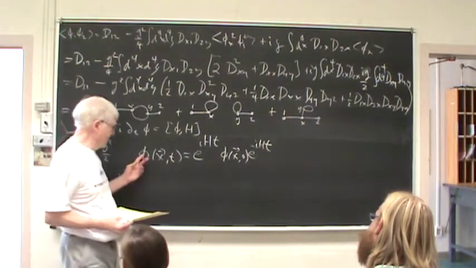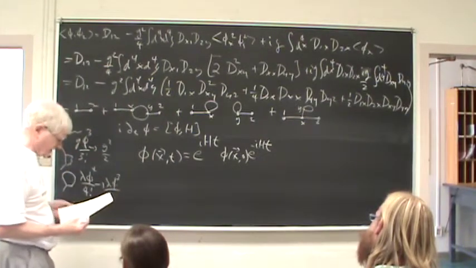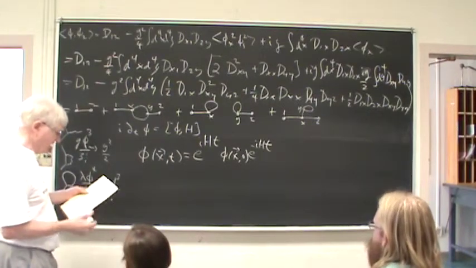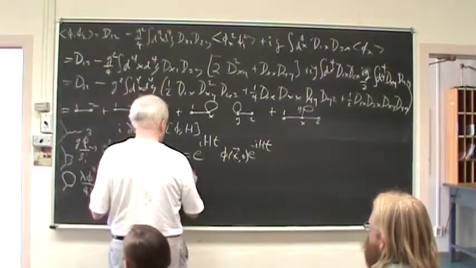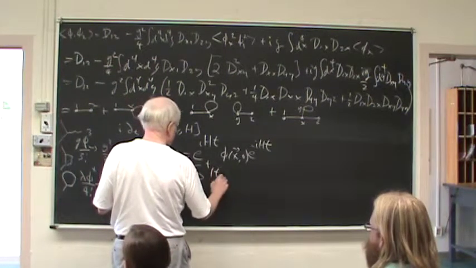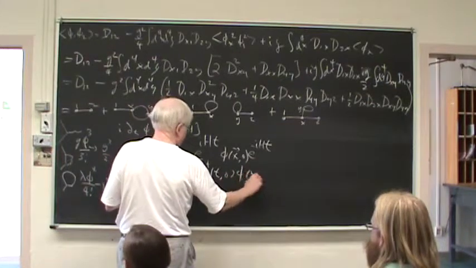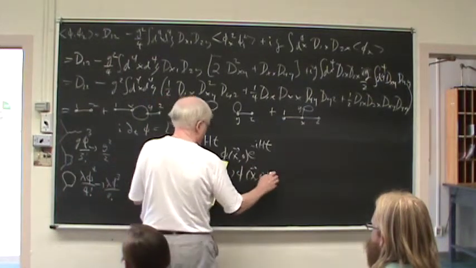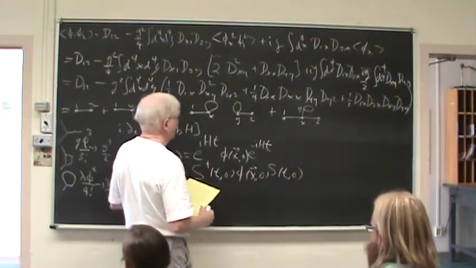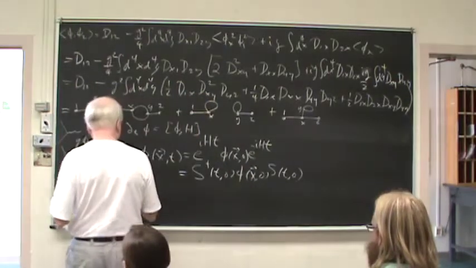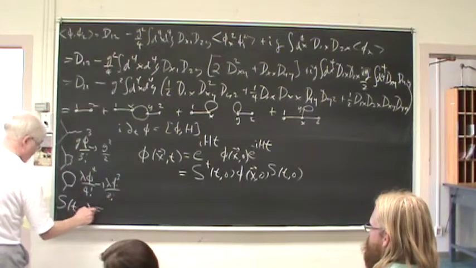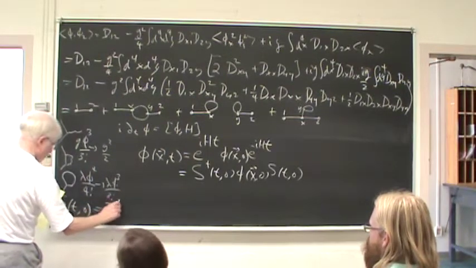Here we're talking about phi, the Heisenberg field, a fully interacting field. We can write this as S dagger of t and 0, phi of x and 0, S of t and 0, where we're using this notation that S of t and 0 is just e to the minus i H t.